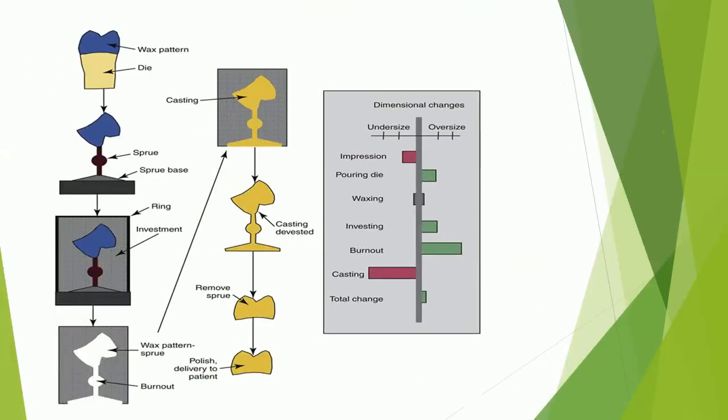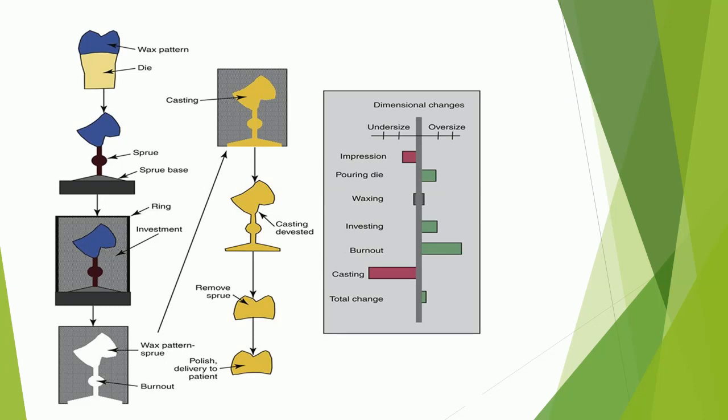Now, this is a very clear diagrammatic representation of the whole technique. As you can see, we have a die, which is a positive replica of a tooth, with the blue wax pattern. We invest this wax pattern into this ring and we flow an investment material around this wax pattern.